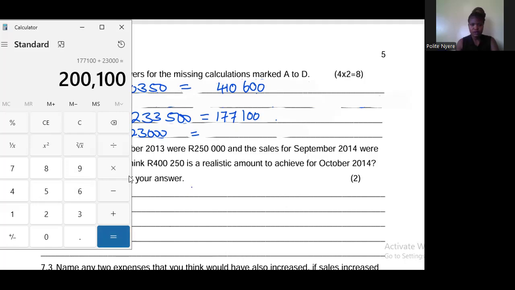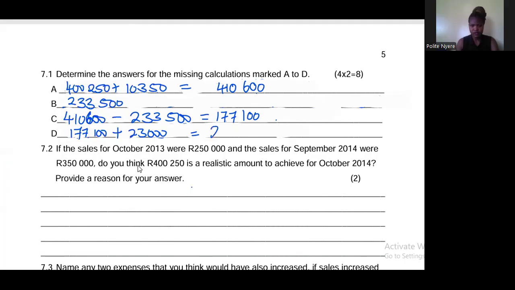We'll get our answer to be 200,100. So that is what we have.